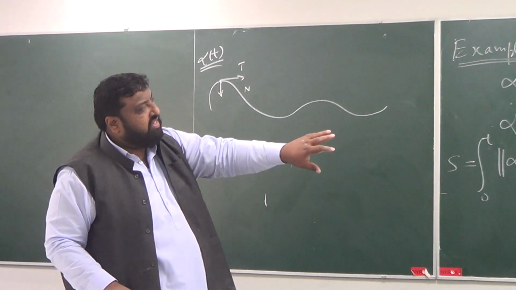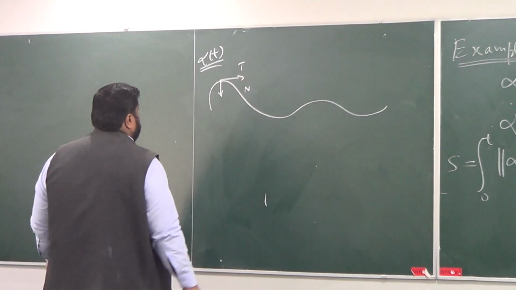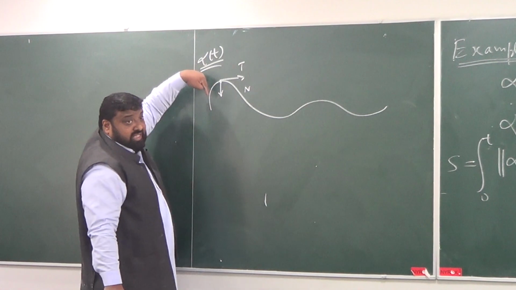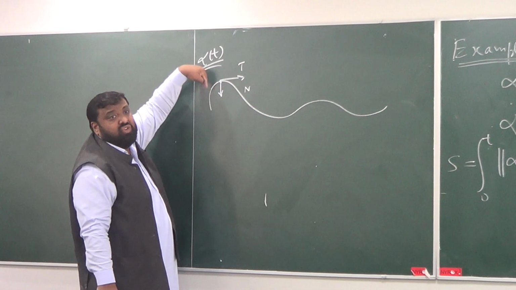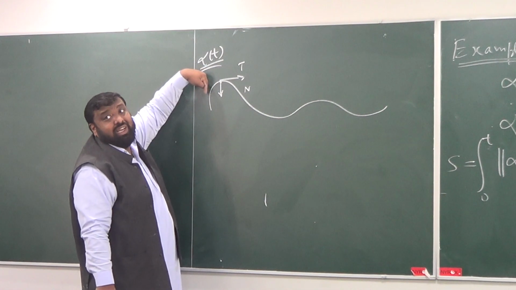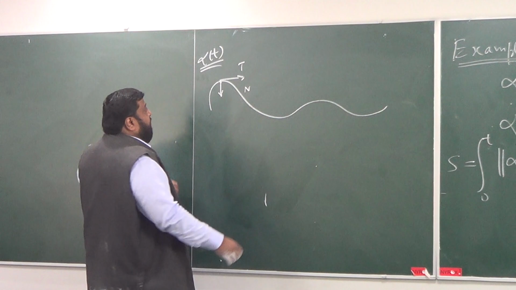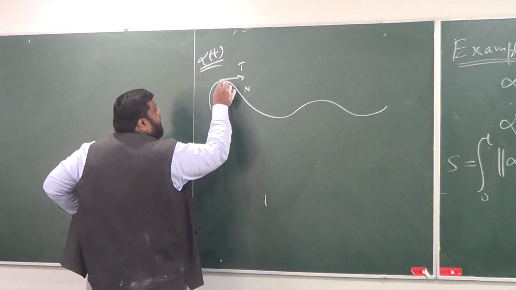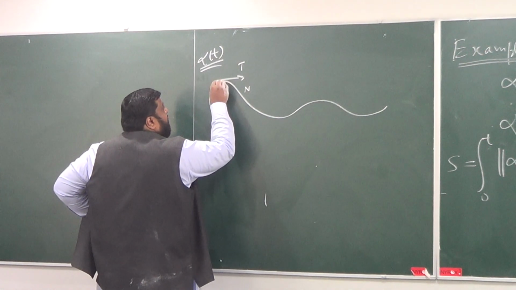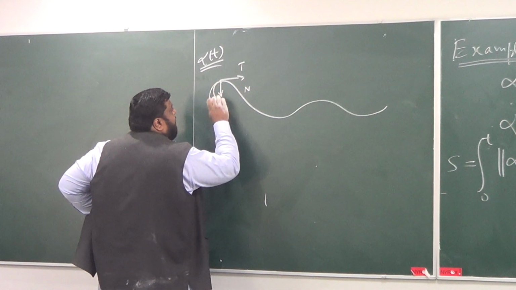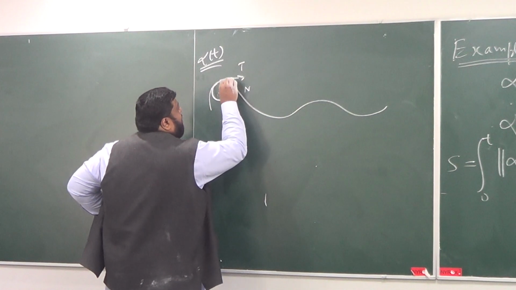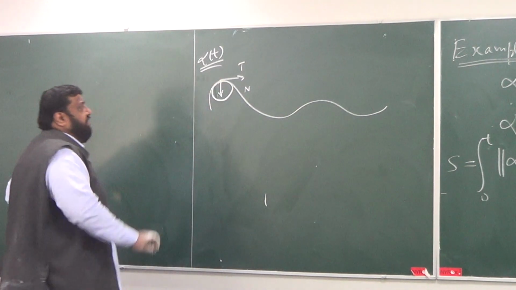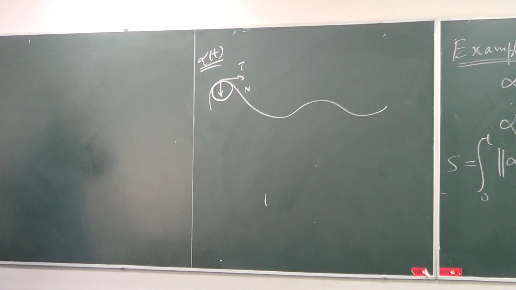This result is telling you that this normal vector can also be seen as a normal vector to a circle. If you draw a circle that fits the curve.